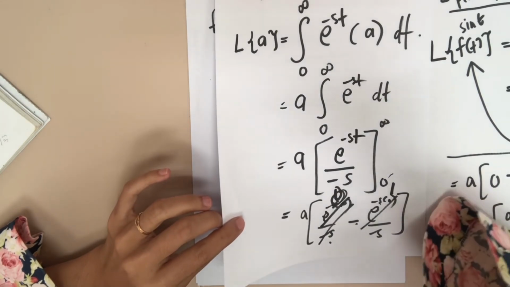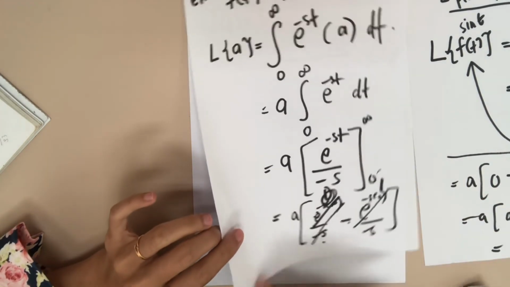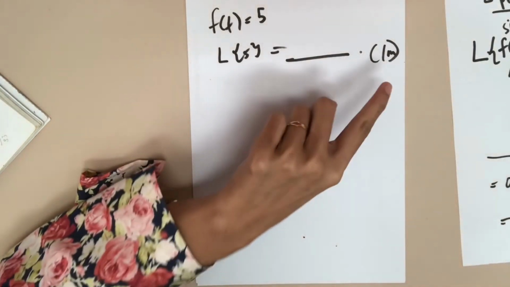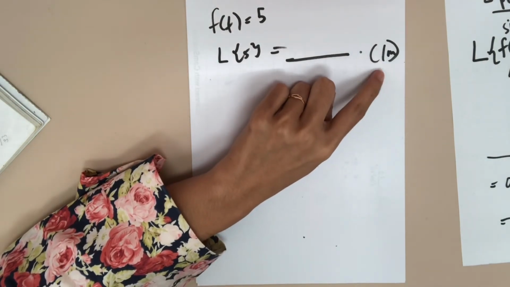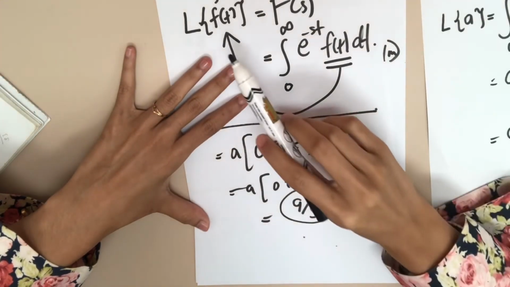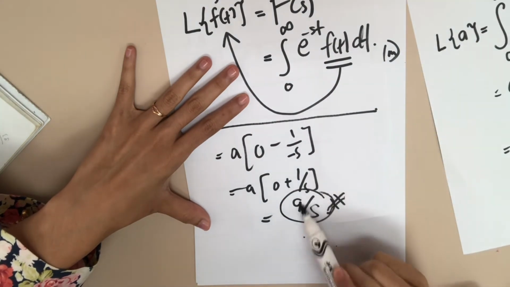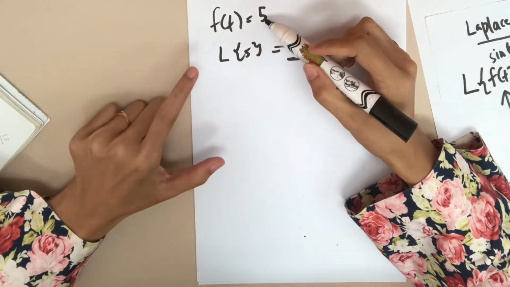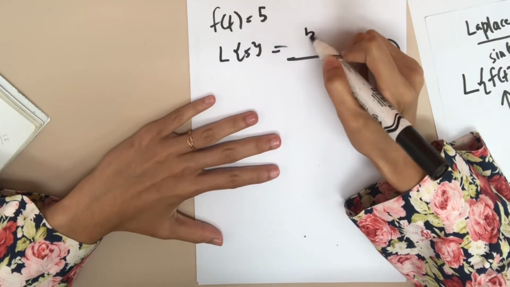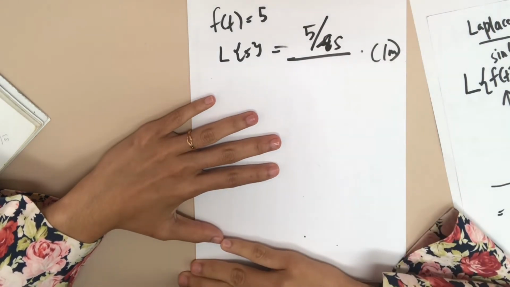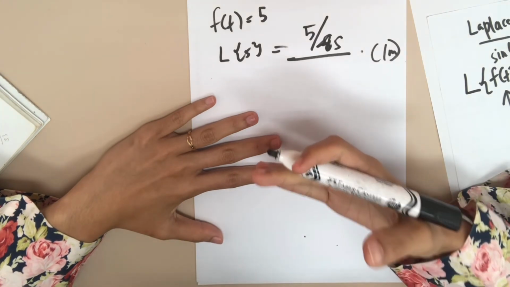There must be a direct answer, with no need to use all this. If the mark is only 1, and you already showed before that the Laplace transform for the constant a is a over s, then if your a now is 5, the final answer is 5 over s. Get what I mean?